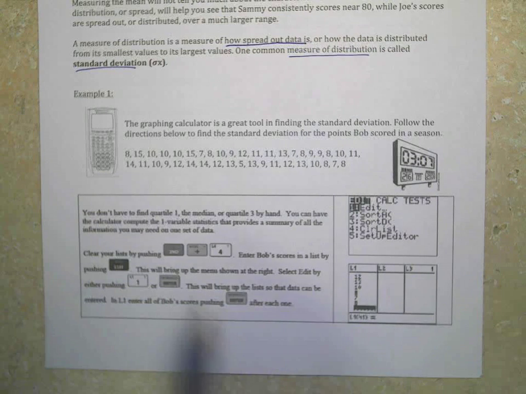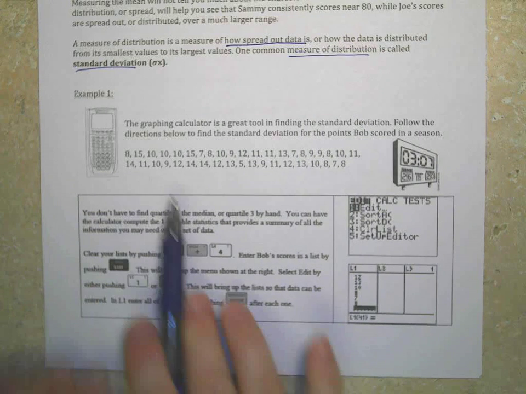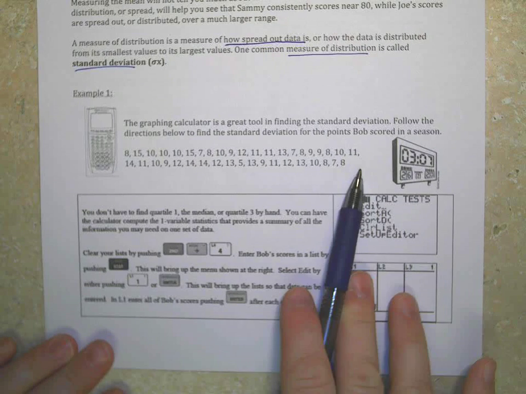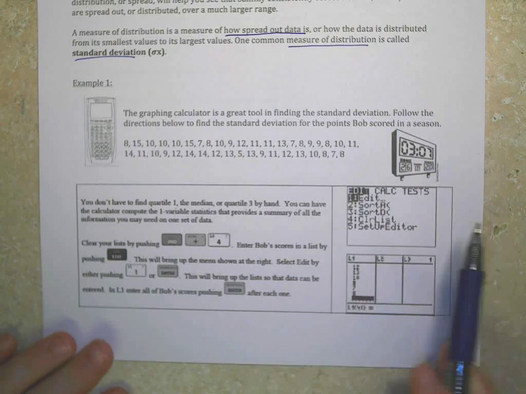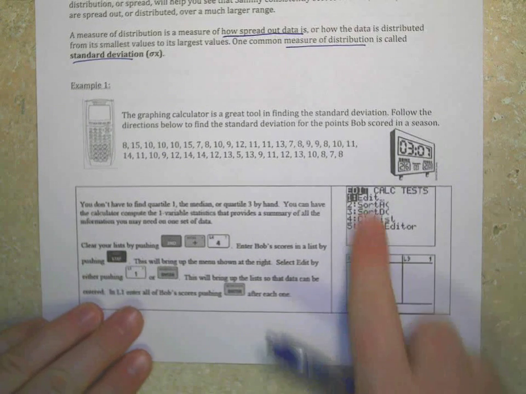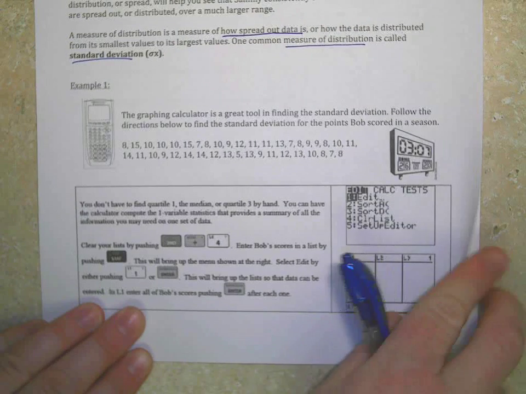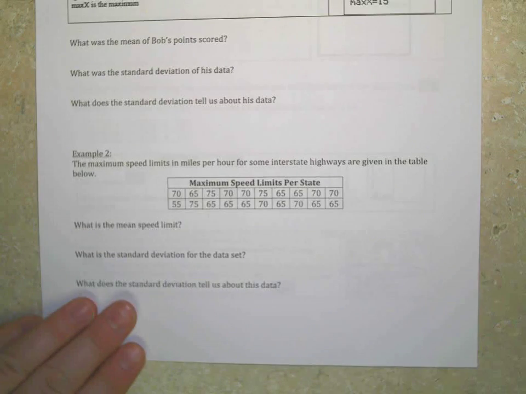So what we're going to do is enter in all these different data points. Here it just gives you the step-by-step of how to enter those. And you're going to calculate your one variable statistics.